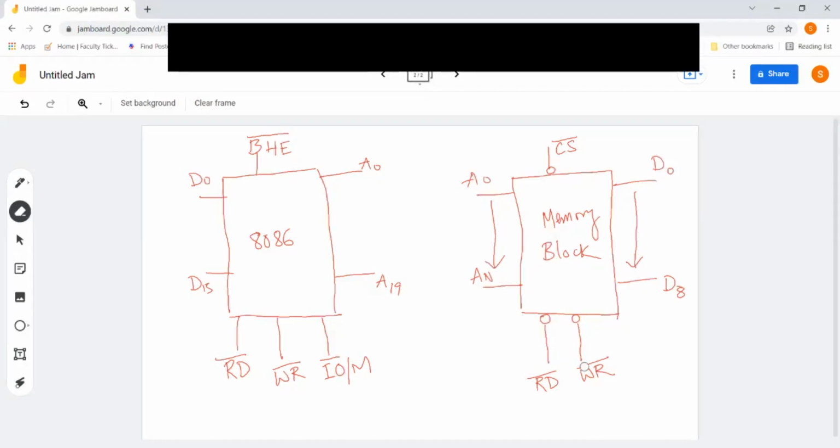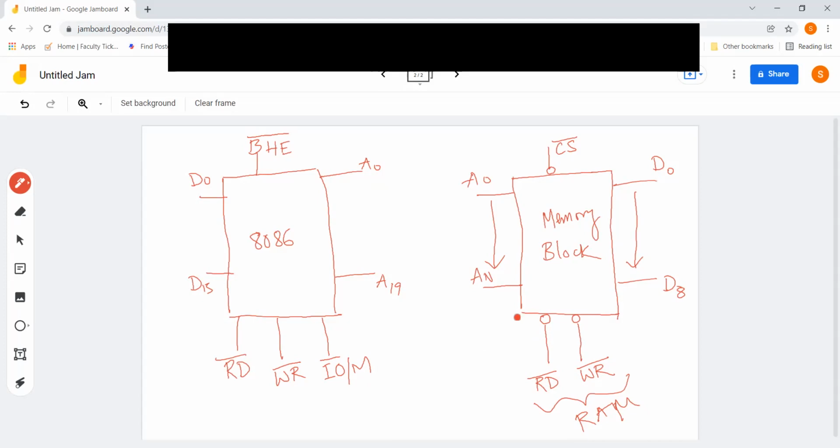If it is a ROM chip, it will have only one, generally called the data enable line or output enable line, sometimes marked as OE bar, and from that we connect only the read bar.